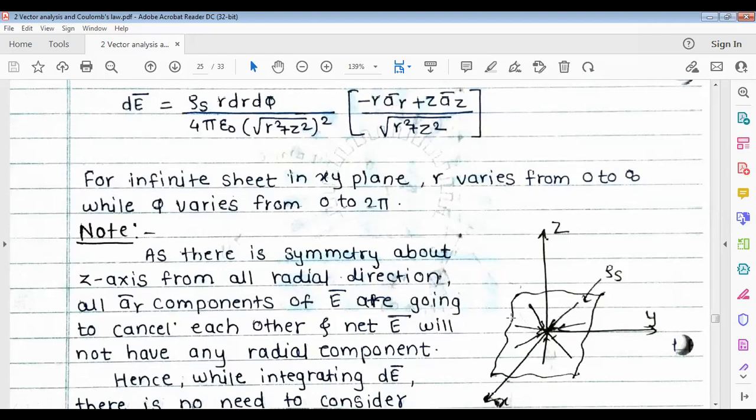Means actually we are considering the electric field intensity, so this radial component from the z axis in all radial directions, all a bar r components of e bar are going to cancel.